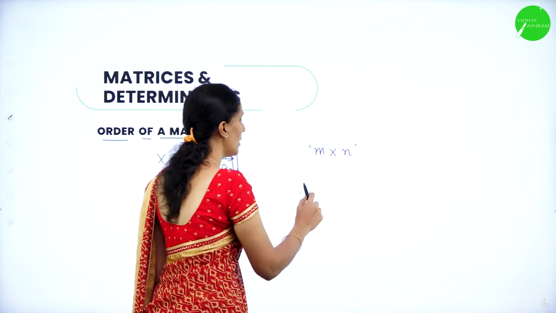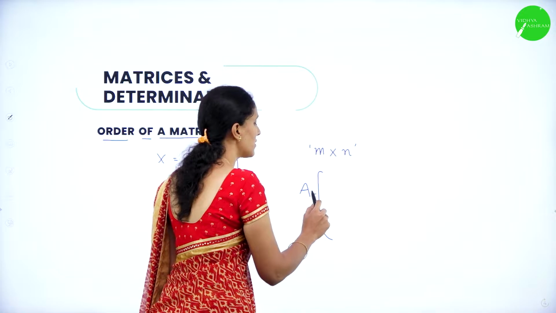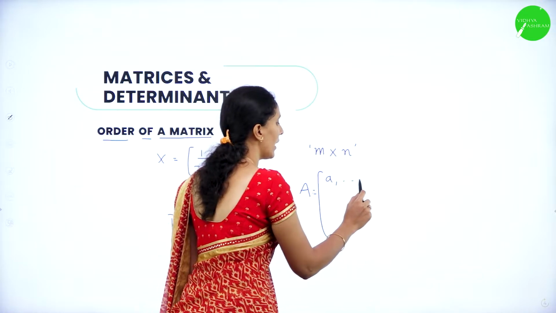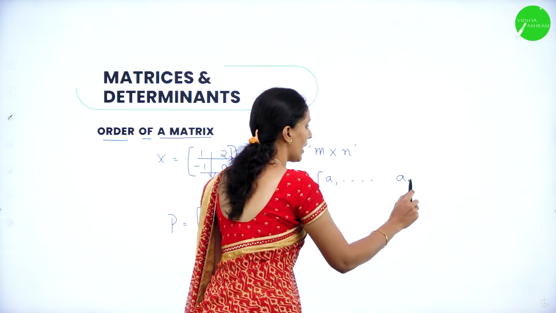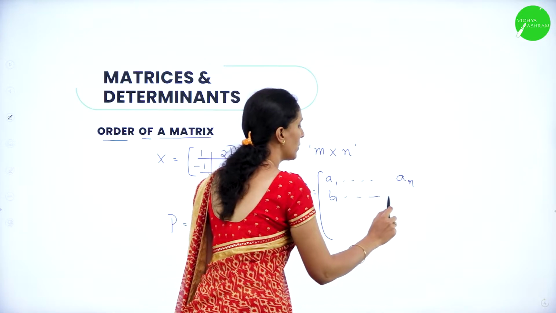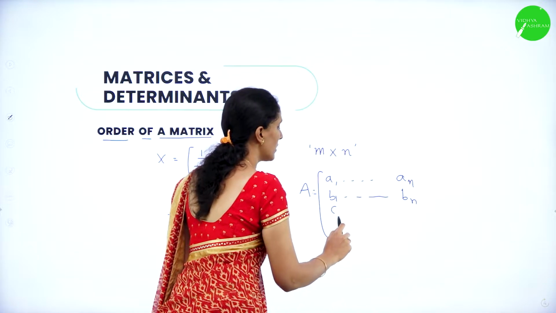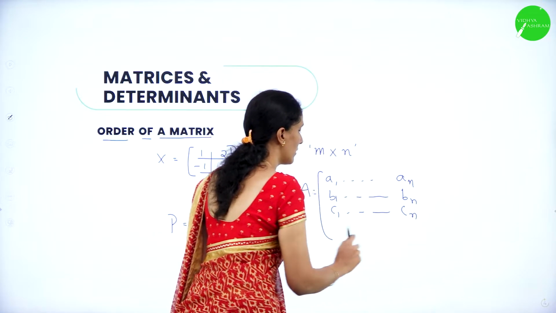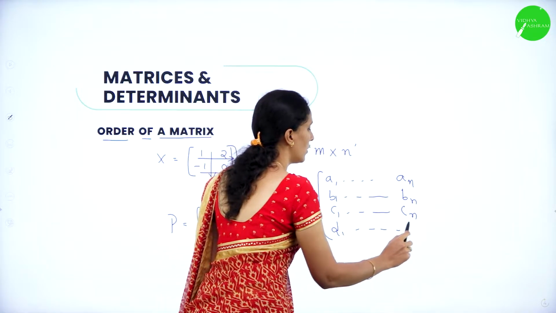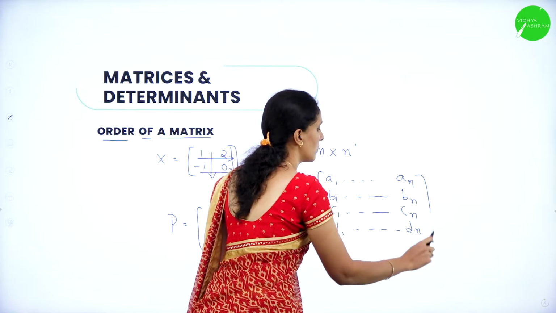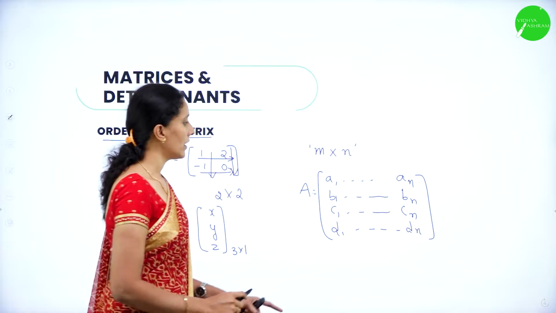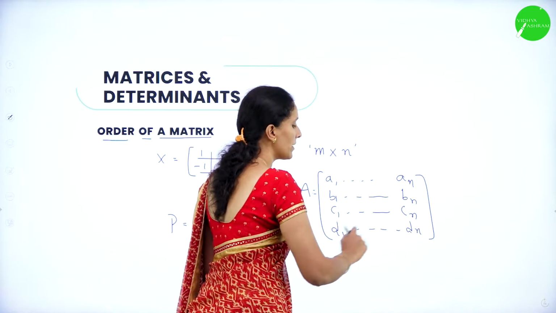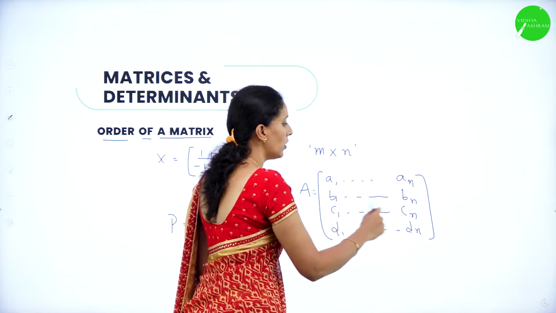Suppose in general, the elements of a matrix contain a1 to an, b1 to bn, c1 to cn, d1 to dn. You can clearly see you have n number of elements here and you have 4 rows.